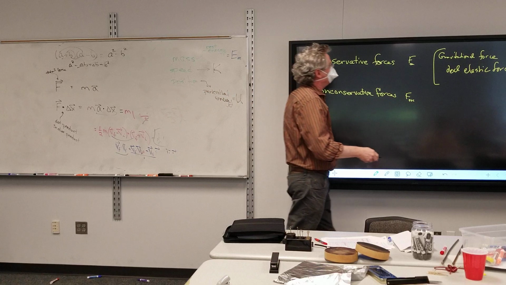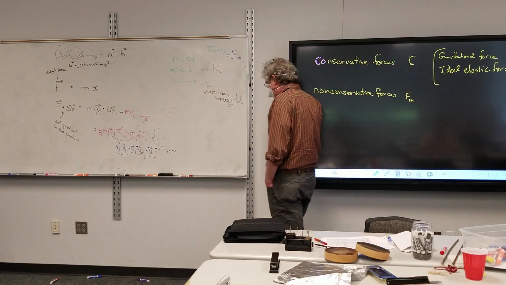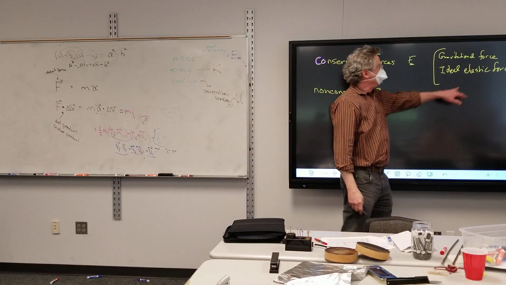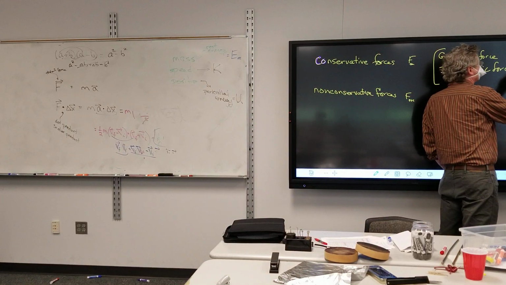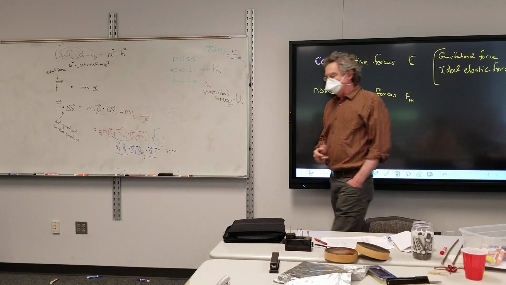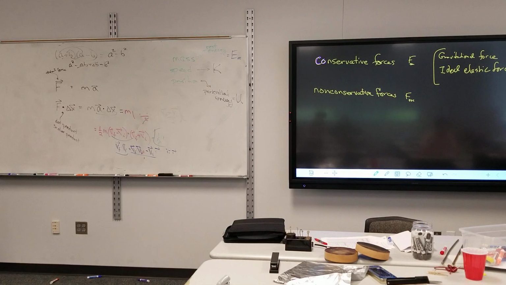When we get to elastic forces, the symbol I will use for that is F sub S for spring. I don't use E, which would really be more convenient for elastic, but I reserve F sub E for electric force.